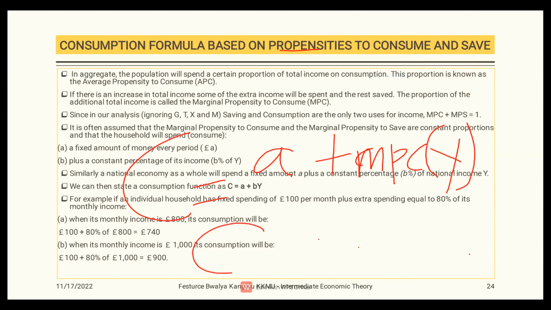It is the same as C equals A plus bY, where b is the marginal propensity to consume, a constant percentage of the income that goes to consumption.